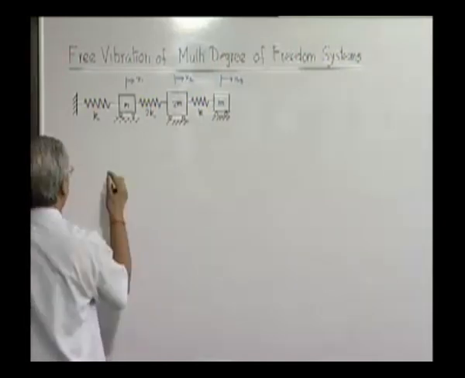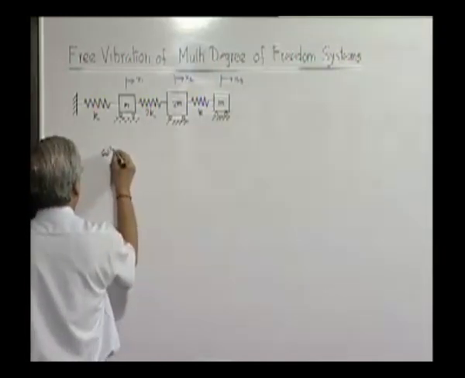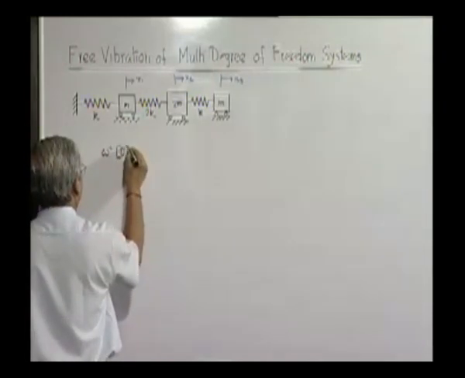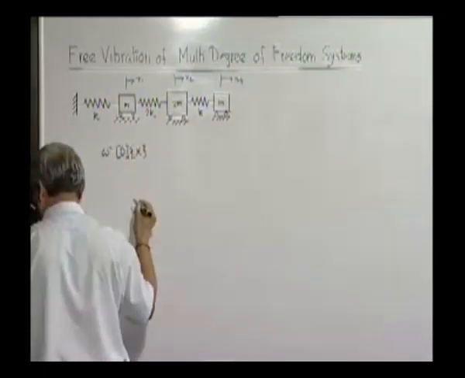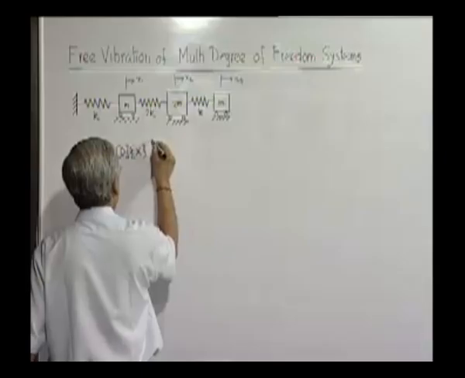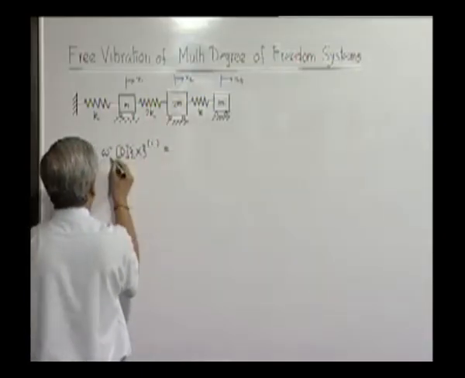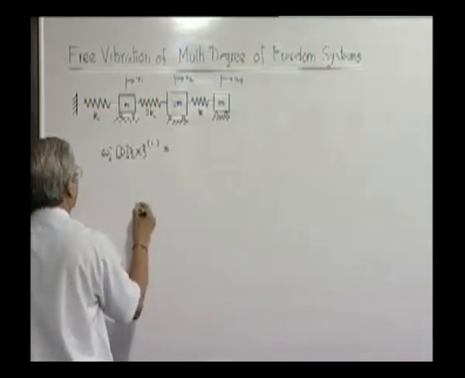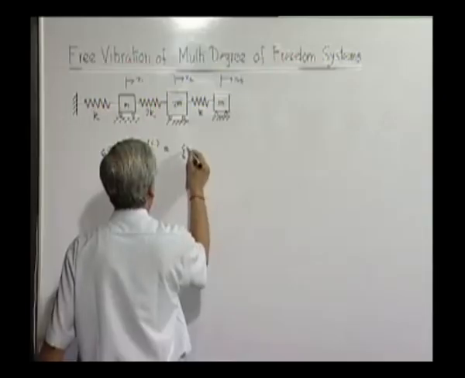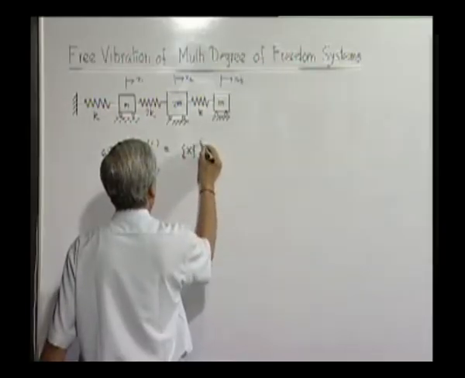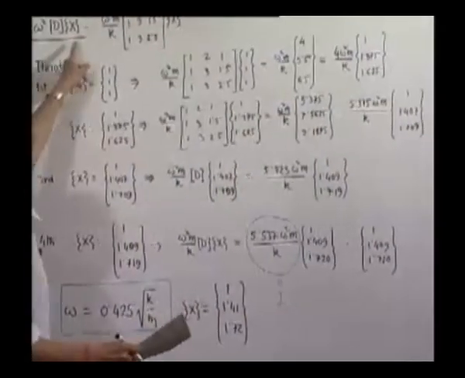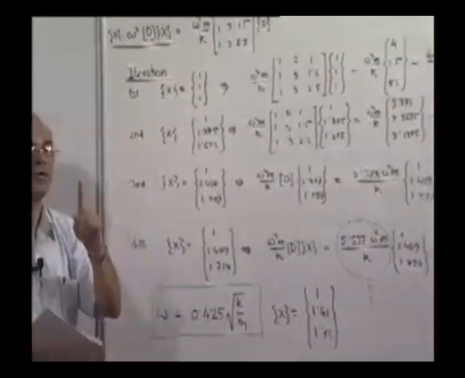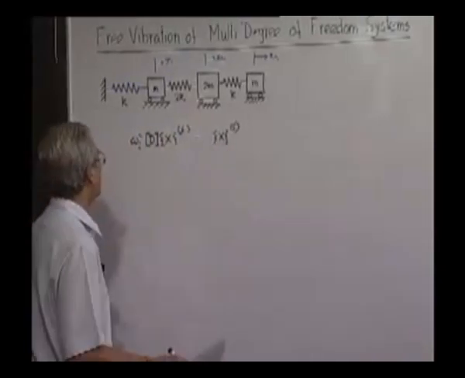Now, we have seen that omega square D x, say for a particular mode i, for a particular frequency omega i, is equal to x. Here I have not used i, but always remember this is valid only for a natural mode of oscillation, and let that be the ith mode.